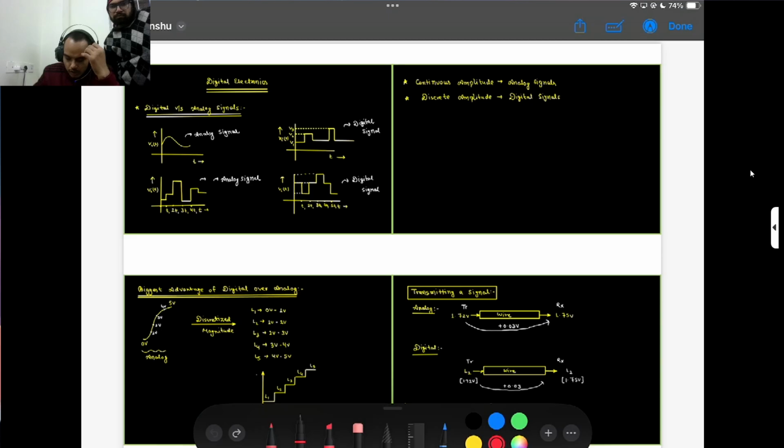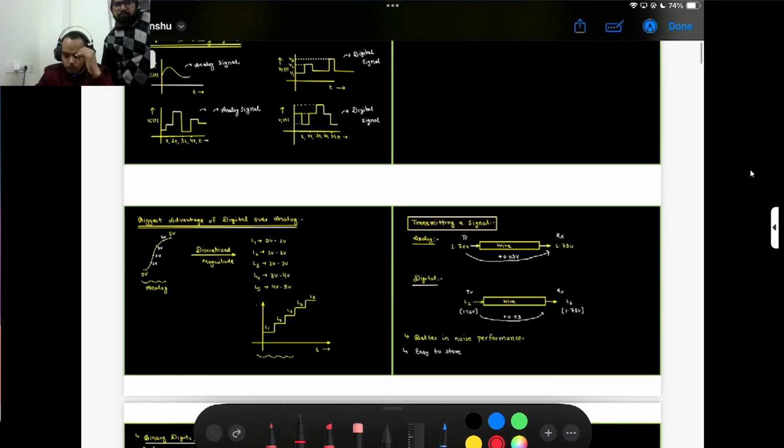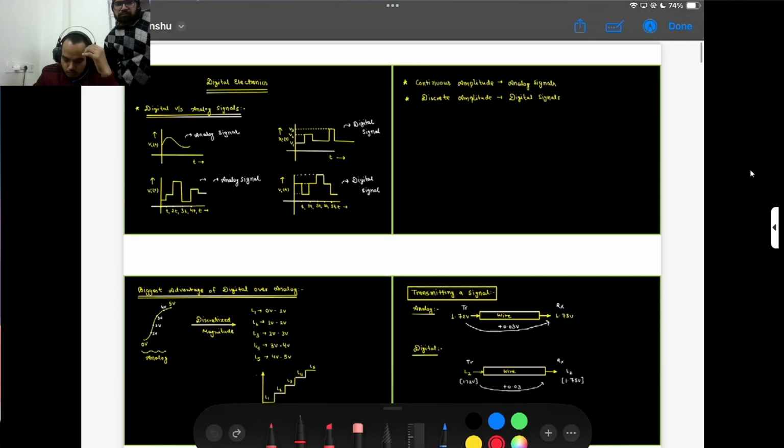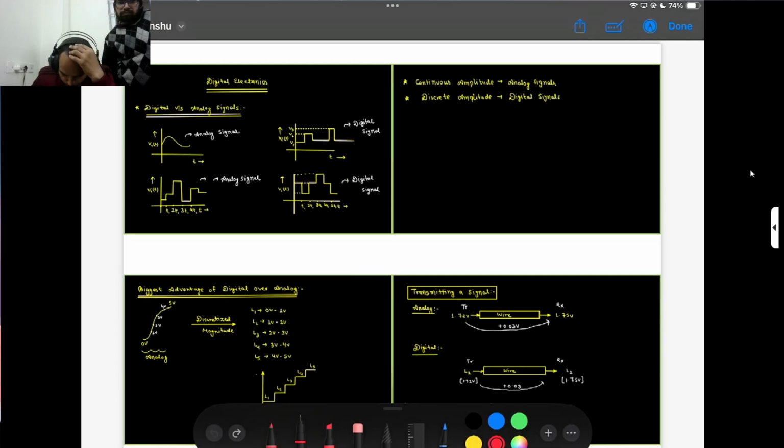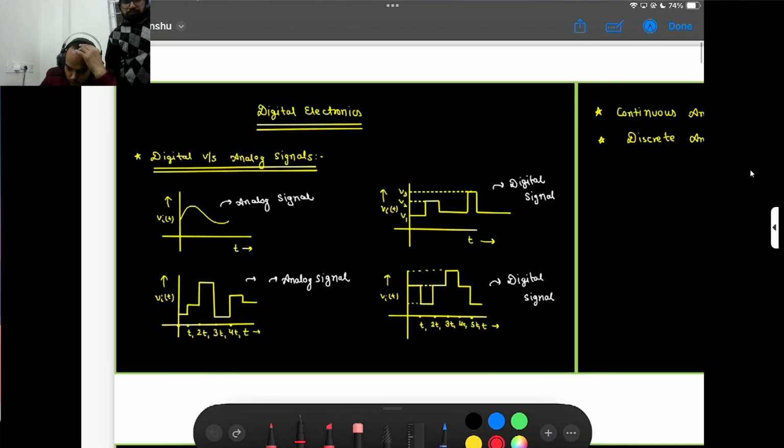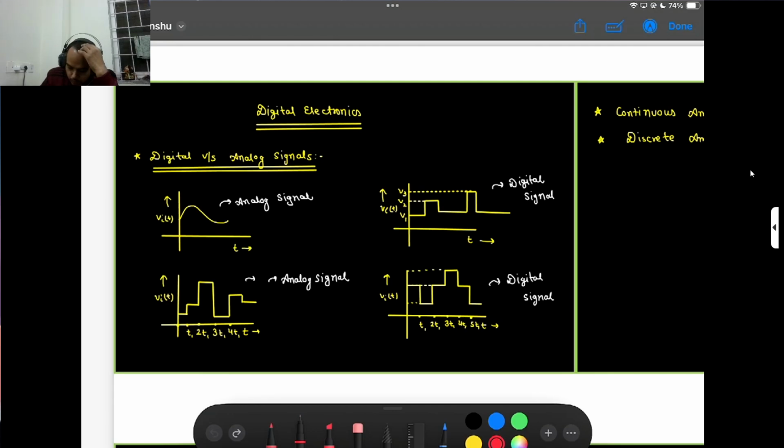So this PDF is actually the digital lectures of Himanshu Agarwal. Here I will just revise this PDF, and maybe some concepts I will elaborate in this video. So first, in digital electronics, digital versus analog signal. Basically, analog signals are continuous and also change with respect to time.